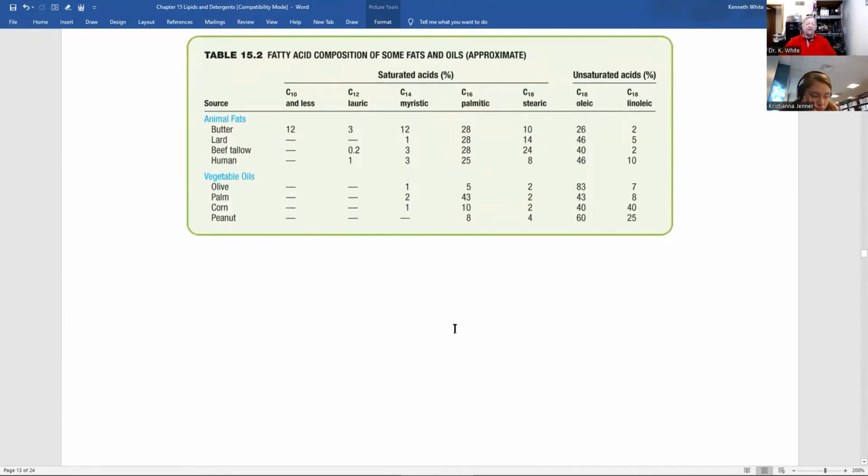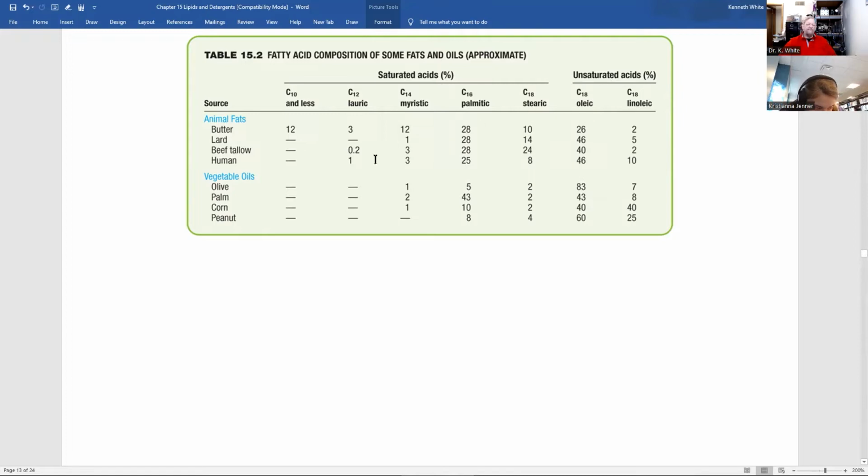Now, if you look at the real world, on this slide you'll see animal fats and vegetable oils. And up here you have the overall percent of saturated fatty acids, which are the R groups that were originally in the fats or oils, and you have unsaturated.